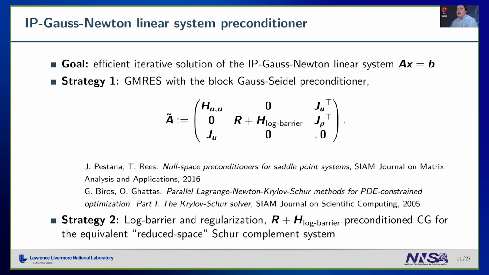So we actually tried a number of things, but one thing that I'll show works pretty well, and is fairly simple, is using what I'll refer to as a block Gauss-Seidel preconditioner. Under a suitable permutation of its rows and columns, it is block upper triangular.